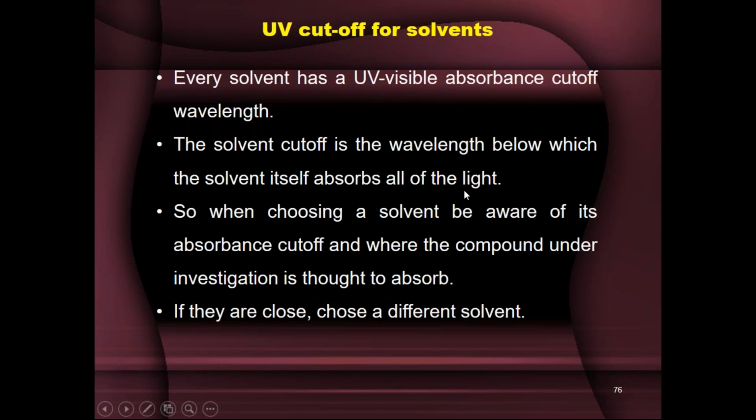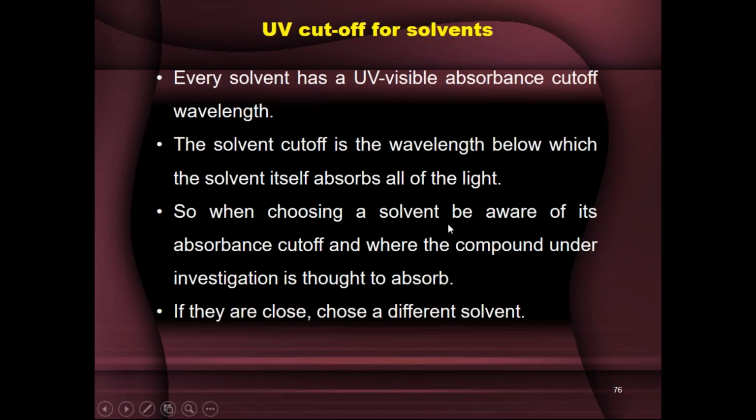I have mentioned all of the light because solvent molecules are present in very high concentration in your solution compared to your solute molecules, because in UV visible spectroscopy, we always use very dilute solutions. Dilute solutions mean solute molecules are very few, solvent molecules are in excess, and that's why they absorb almost all the light.